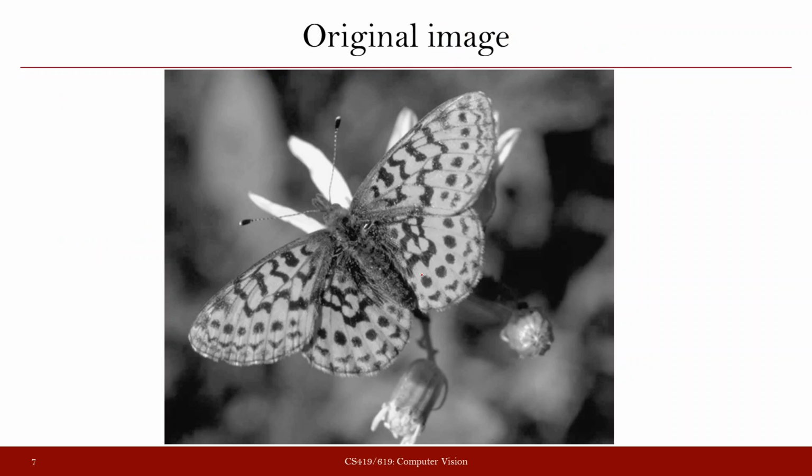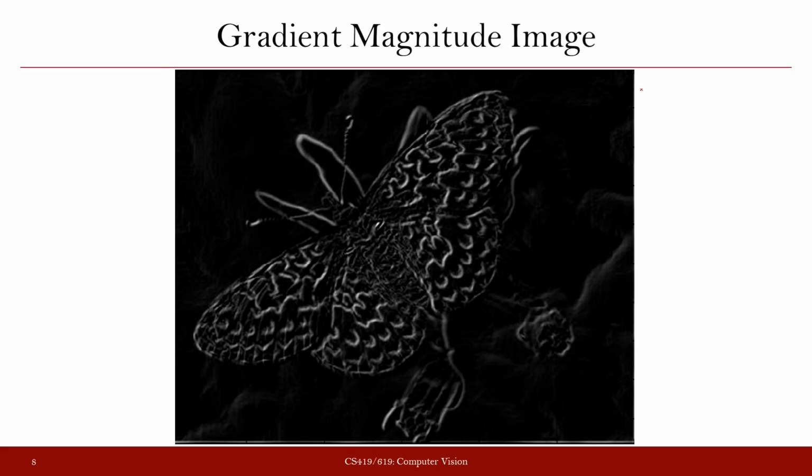So let's say we have this image here, and we want to compute the edges. We have computed the gradient. What you see here is the combined gradient. We have computed the gradient in x direction and in y direction for every pixel, and then we have combined them, and that is shown here. Since this gradient is combined, you are able to see horizontal edges, vertical edges, and even the edges which are not in horizontal or vertical direction.